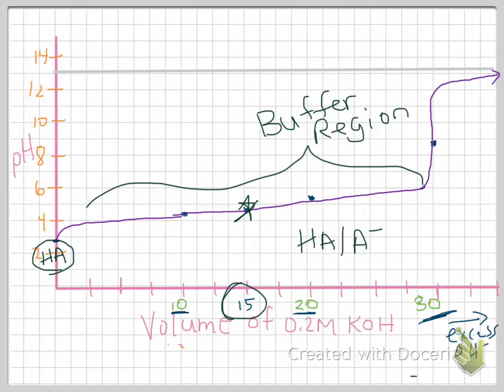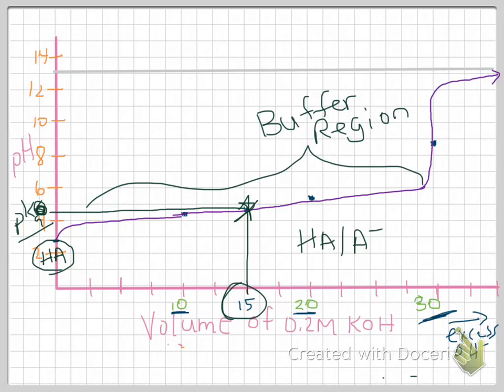That's the 15 mL. Because here's where the pH equals the pKa. So if we take the value that's here, that will give us the pKa value, and then from there you can find the Ka.